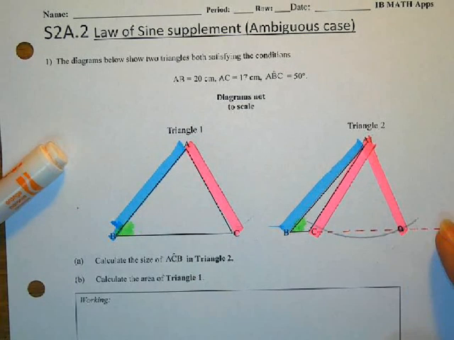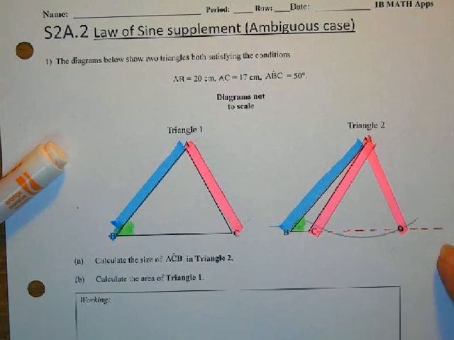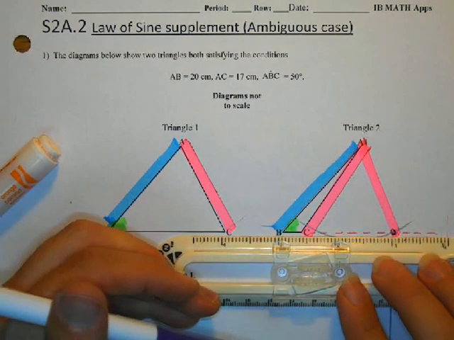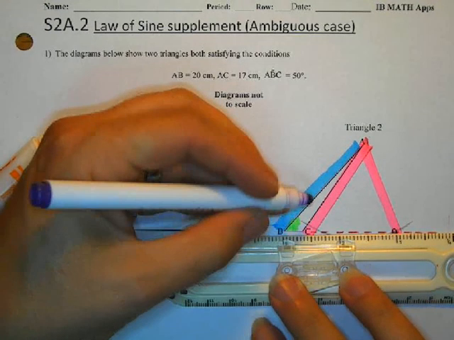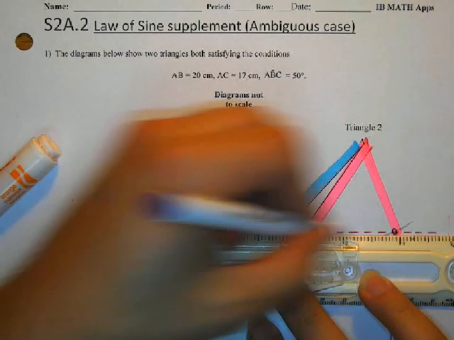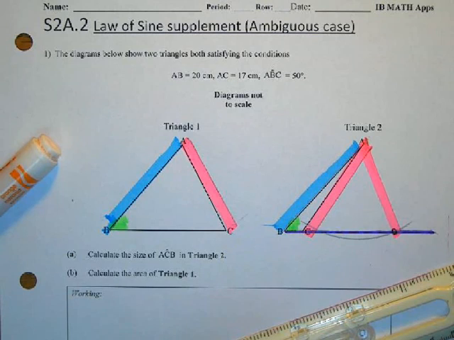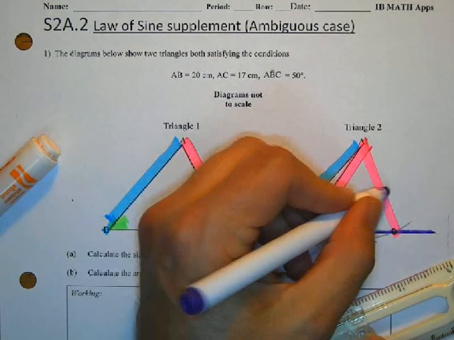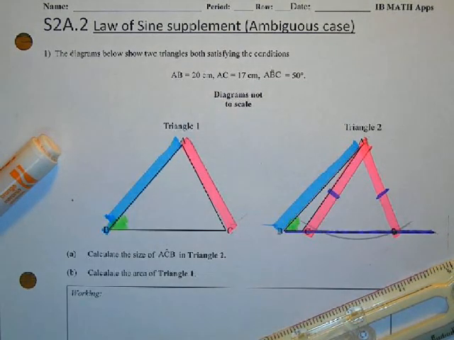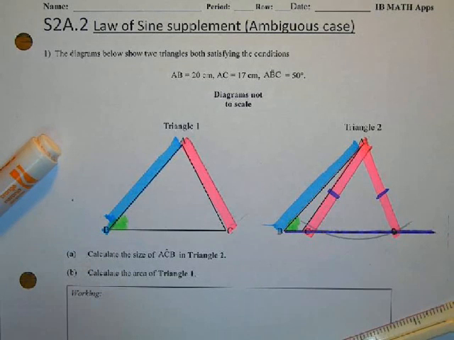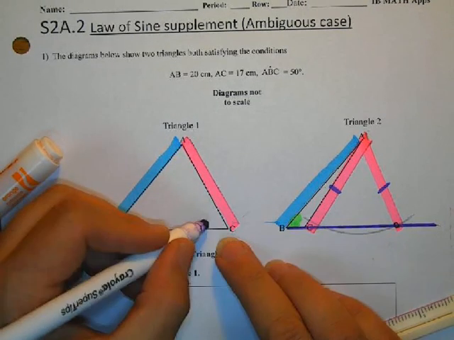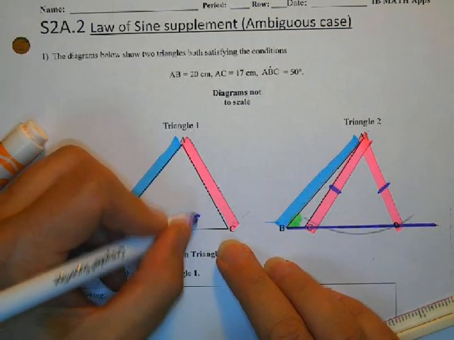So by extending this line here, if this is the same length as this, we've got an isosceles triangle.